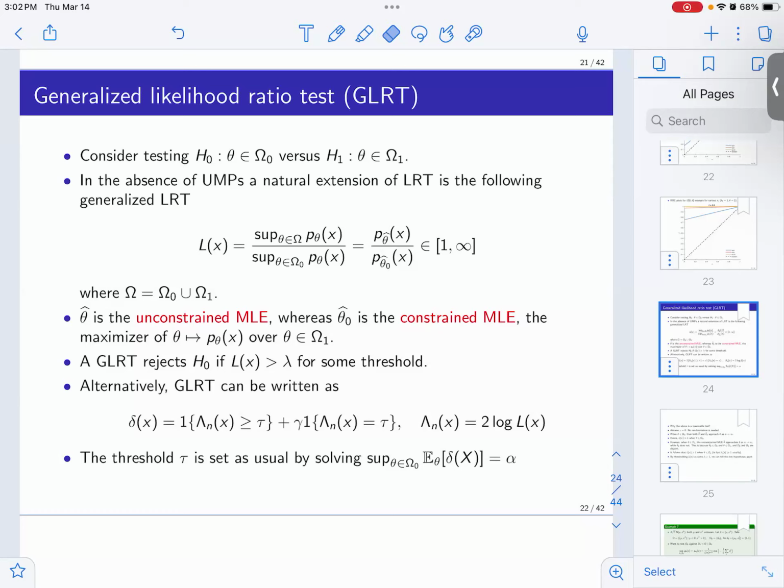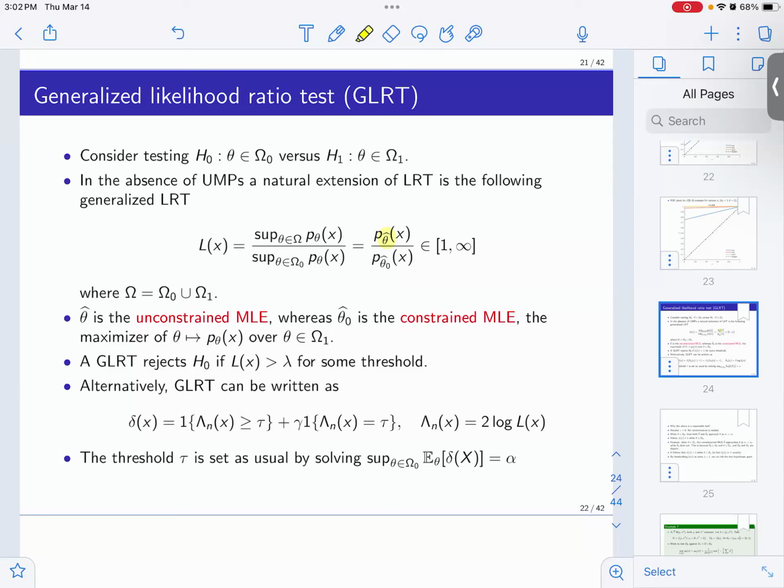In particular, if theta hat is the unrestricted maximum likelihood estimator, this is just p_theta hat(x). And this would be p_theta hat naught(x), where theta hat naught is the maximizer of the likelihood over this part of the parameter space. So this statistic is called the generalized likelihood ratio, for obvious reasons.